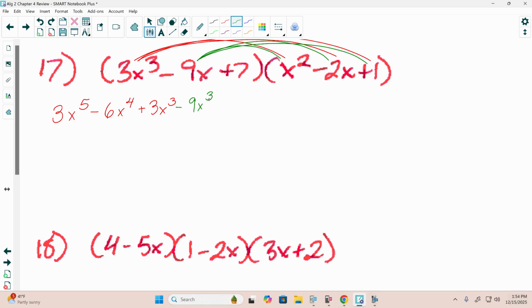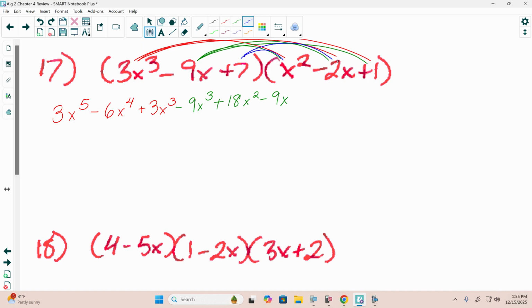Then we'll move on to negative 9x times negative 2x. Negative 9 times negative 2 is going to be positive 18. X times x is x squared. And lastly, negative 9x times positive 1 is just negative 9x. So that's it for negative 9x.